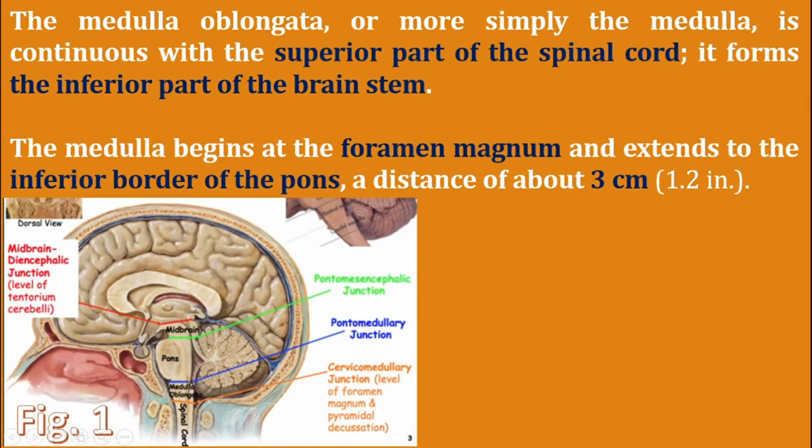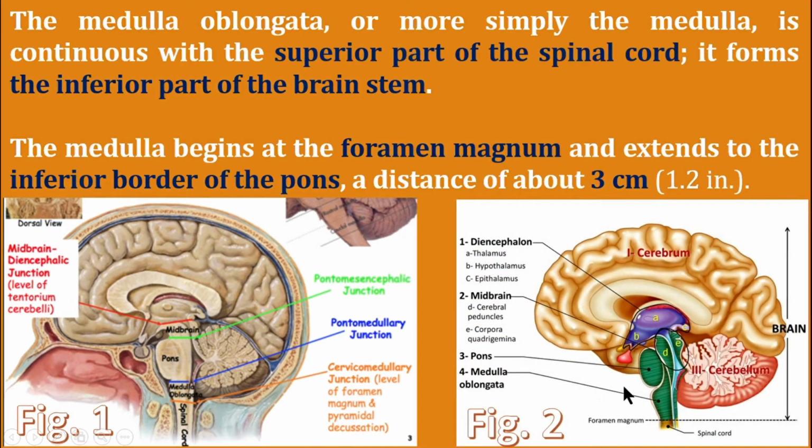In Image 1, you can see that just above the spinal cord, there is the cervicomedullary junction, its foramen magnum. Above this junction there is the medulla. In Image 2, the medulla is clearly seen in green color, and below that, there is the spinal cord.